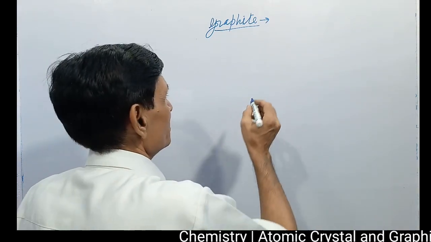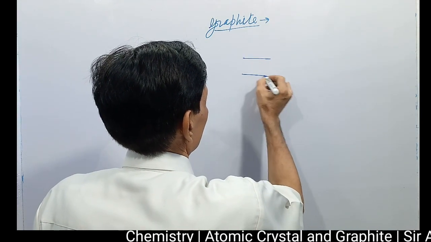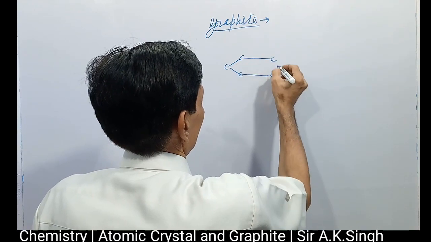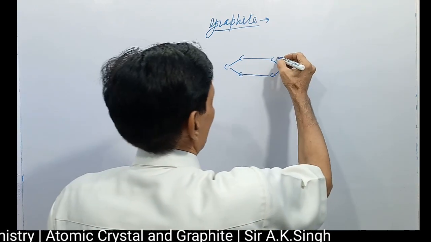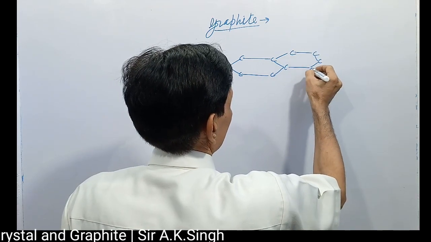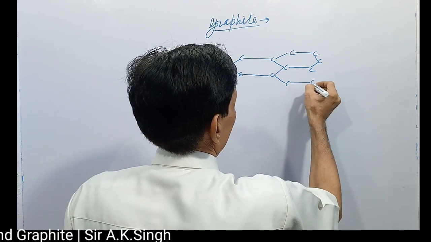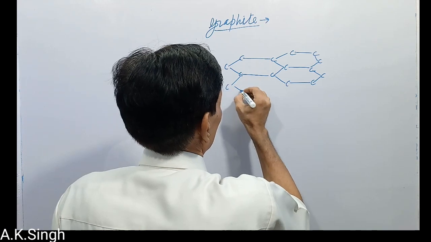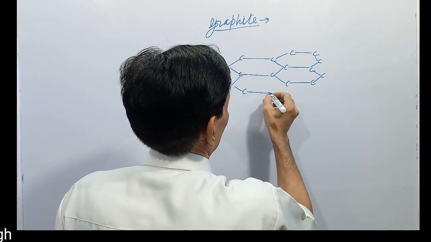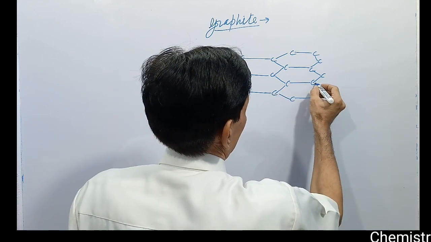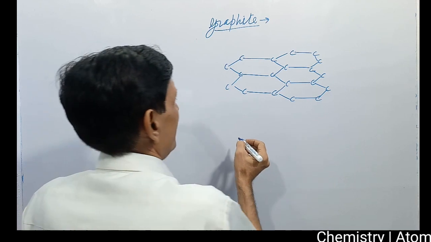Now I am going to tell you about the structure of these layers. This is a sheet or layer. Two carbon atoms of graphite are bonded here. Here also these carbon atoms are bonded. Next, the hexagonal ring is like this one, and another is like that. We can make the structure of graphite like that, and another layer.